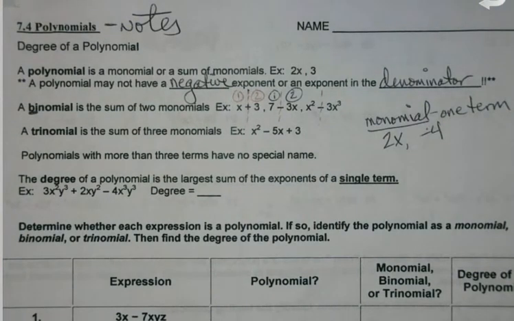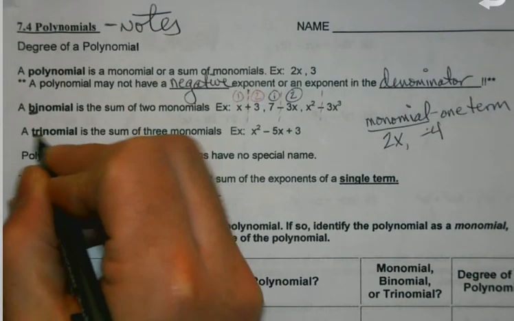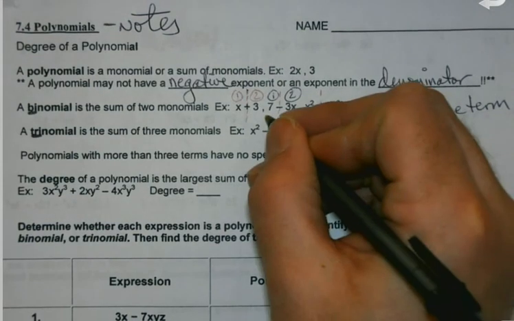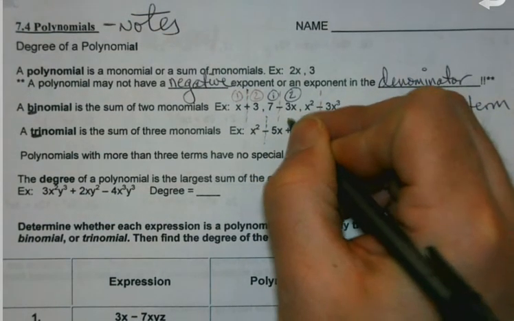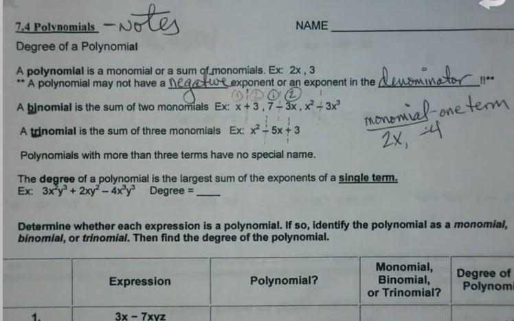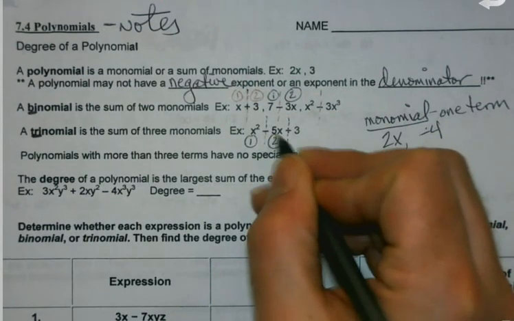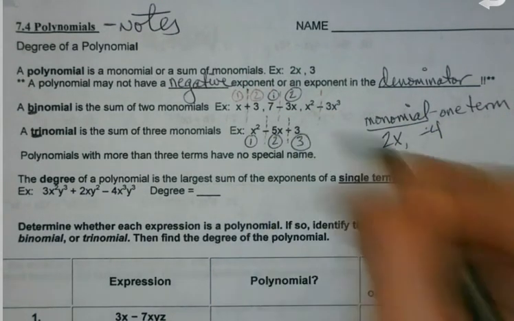And as you continue to get larger with your polynomials, like trinomial is 3, again, I can notice that because my plus or minuses act like a wall and let me know that there's 1, 2, 3 terms here.